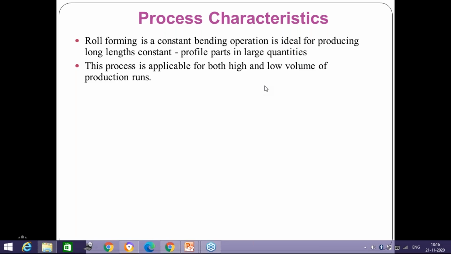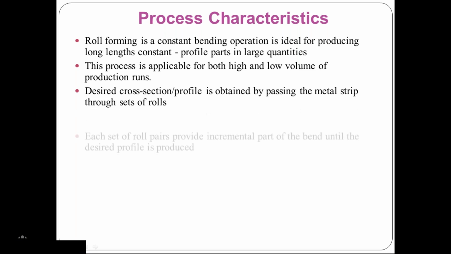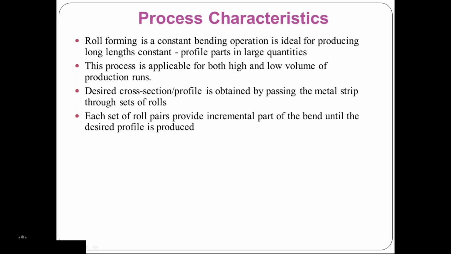This process is applicable for both high and low volume production runs. The desired cross-section or profile is obtained by passing the metal strip through a set of rolls. Each set of roll pairs provides an incremental part of the bend until the desired shape is produced.